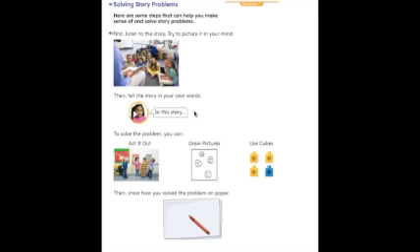First, you can act out the story problem, write the story problem, or draw a picture. You can use cubes or other objects at your house. And the last thing you do is you color it on a page. Show how you solve the problem on paper, right?